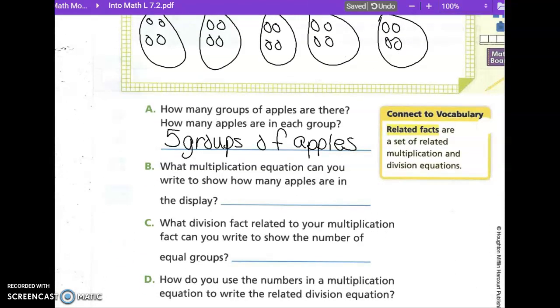Now, what multiplication equation can we write? 5 groups. How many is each group? 4, right? What is 5 times 4? 20. 20 apples.